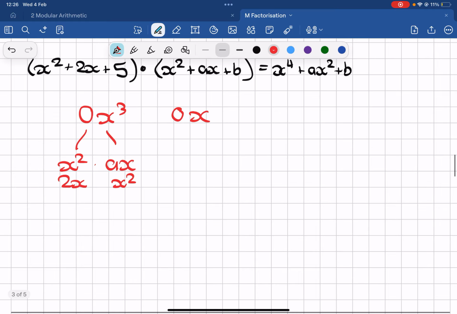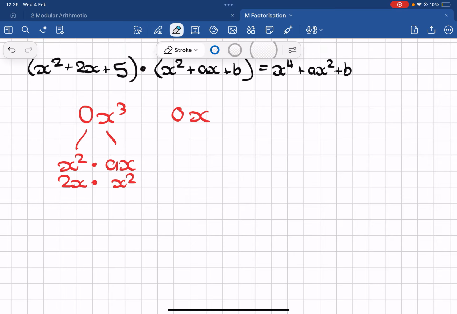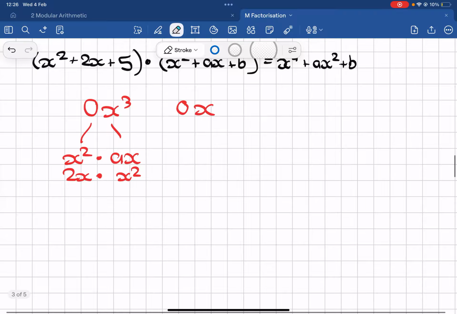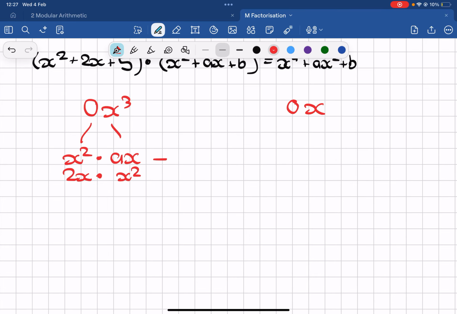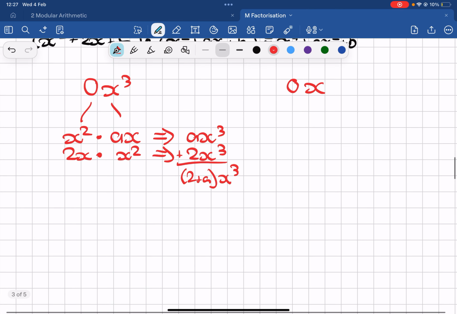Now we know that these two terms sum to give us 0x cubed. So x squared times ax equals ax cubed, and then this becomes 2x cubed. Since we're adding these, 2 plus a, what value of a gives us a coefficient of 0? Well, that's a equals minus 2.